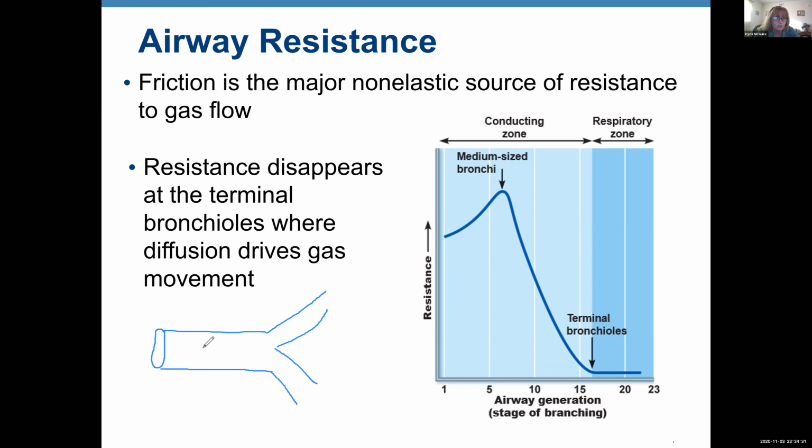And you would say, where do I have more friction? Obviously, you have more friction over here because those are passages with a smaller diameter. So less friction here, more friction here. But then when we get to the point when we have too many different branches, the friction actually decreases, it goes down, and it disappears in the terminal bronchioles, right?